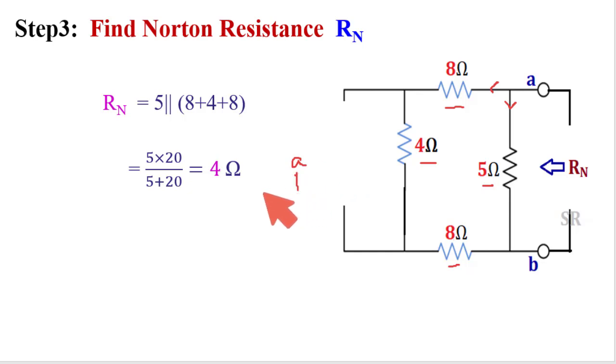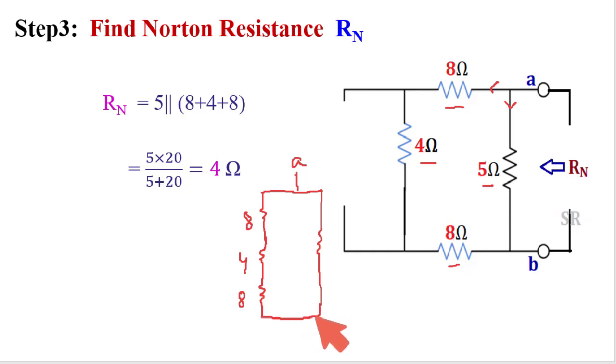So from A we got two paths, one is 8 ohm, next it is connected with 4 ohm, next it is connected with 8 ohm, another path is 5 ohm, and this 5 ohm and this 8 ohm is connected, and ultimately it is in point B. So these are in series and combination of this is in parallel with 5. So by using this we got Rn is equal to 4 ohm.